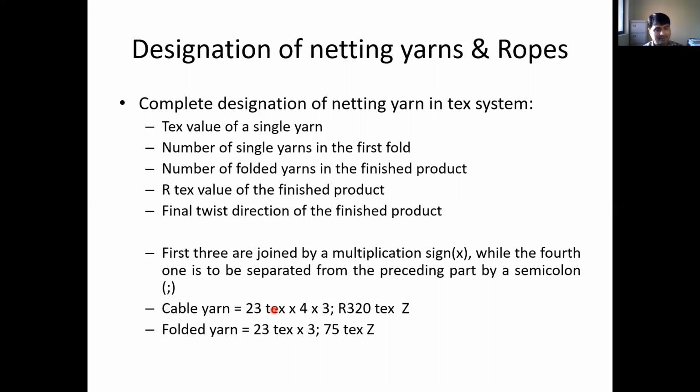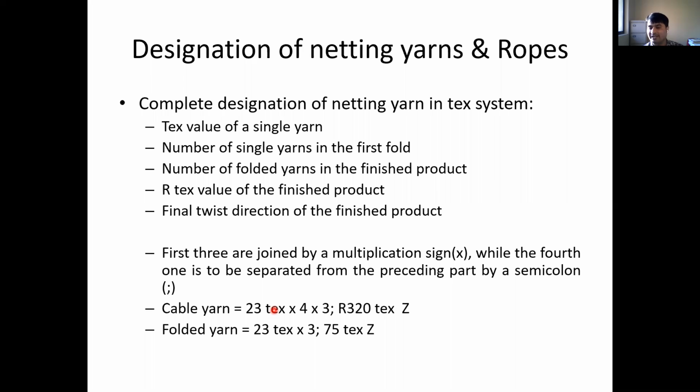Sir, 23 tex. Here 23 tex, what does it designate? Sir, it designates that 1000 meter of a single yarn has a weight of 23 gram.